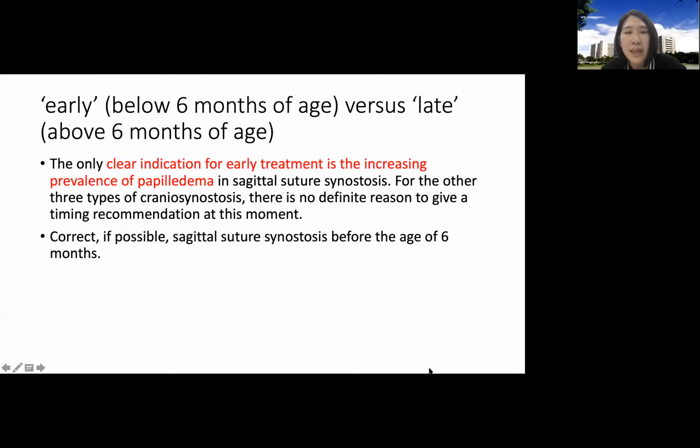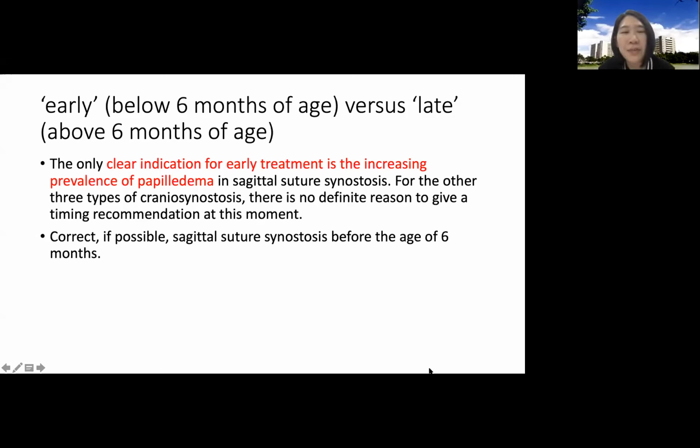I think there are several papers that mention the IQ compared to different types of surgery, like open total cranial vault, or a spring, or endoscopic strip craniectomy. So they found if you can do earlier surgery and bigger surgery, you possibly can get a better IQ for these patients.